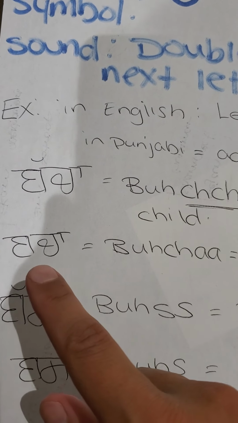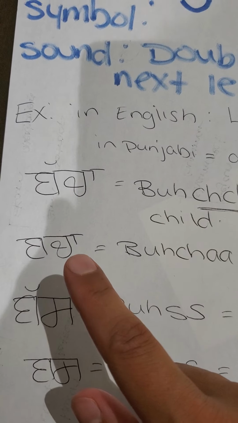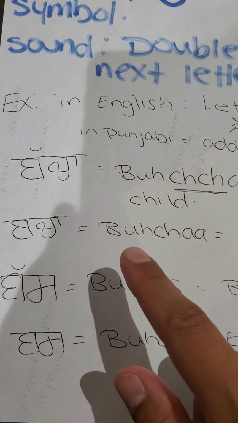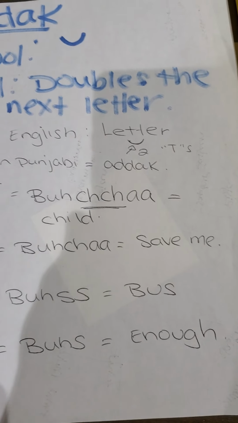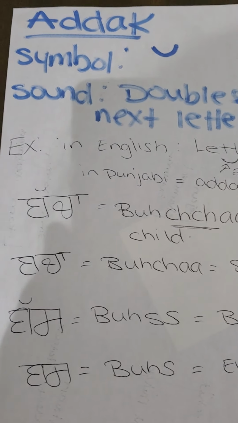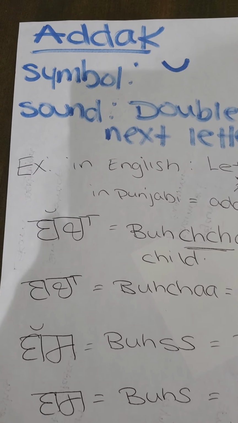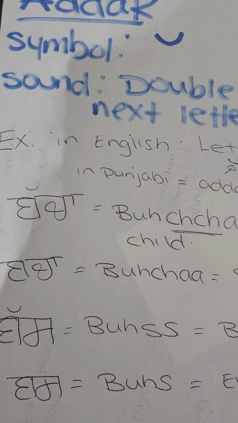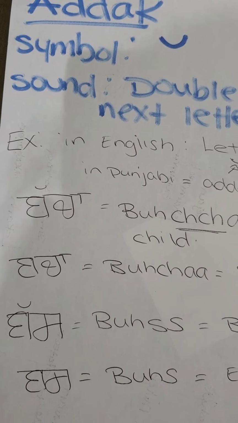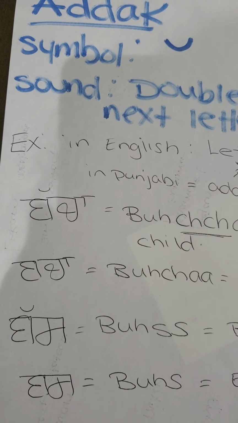This right here, baba, no addak, chacha, kanna is bacha. Bacha means like save me, menu bacha. Okay, so one has an addak, one does not have an addak. The one with the addak is bachja, which is child. The one without is bacha, which is save me.